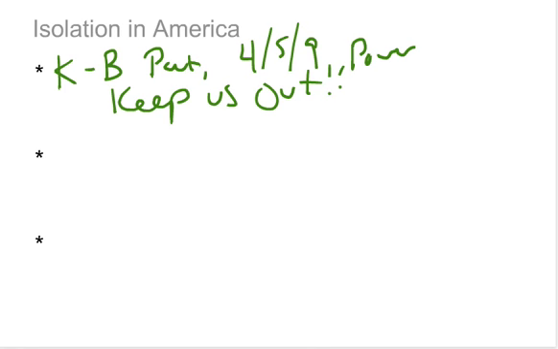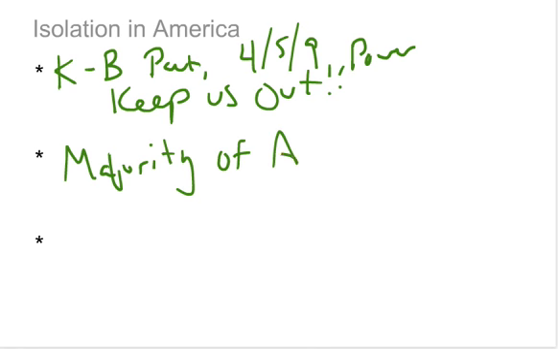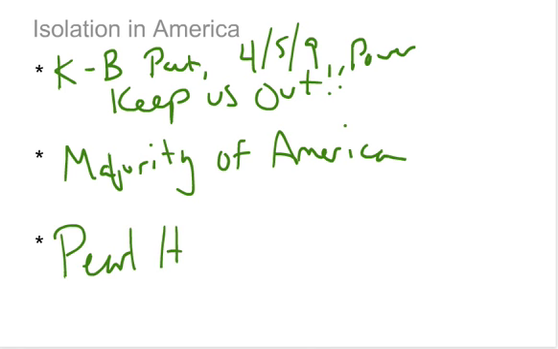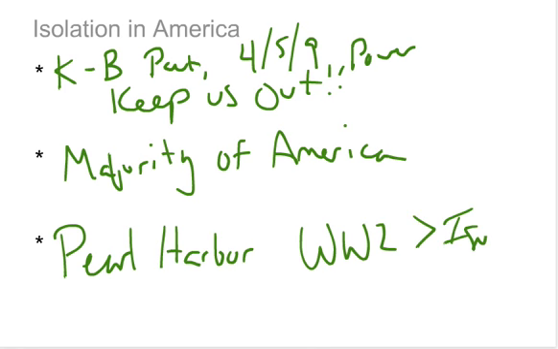All right? To this point, in the 20s, 30s, even up to the 40s, the majority of Americans want to be isolationists. And it is not until one major event, which is Pearl Harbor, where the majority of Americans want to become involved in World War II.